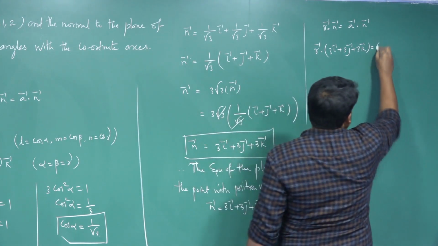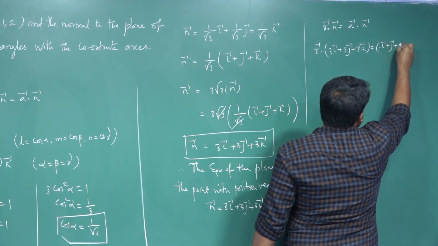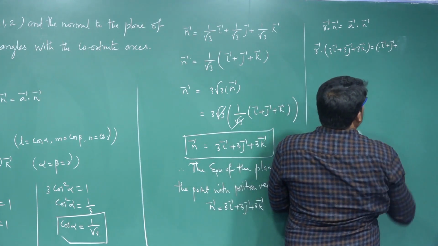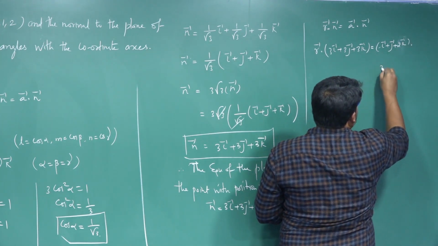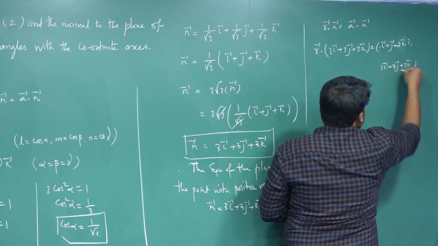Here a vector is minus i vector plus j vector plus 2k vector, dot n vector, which is 3i vector plus 3j vector plus 3k vector.